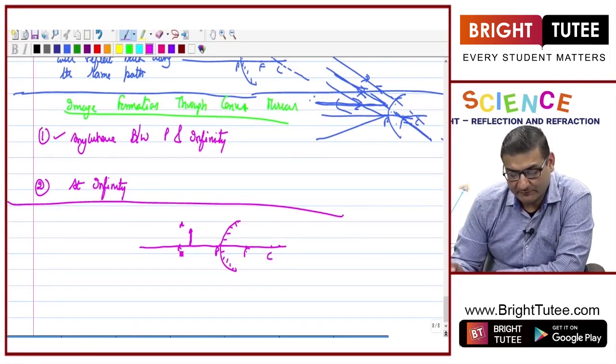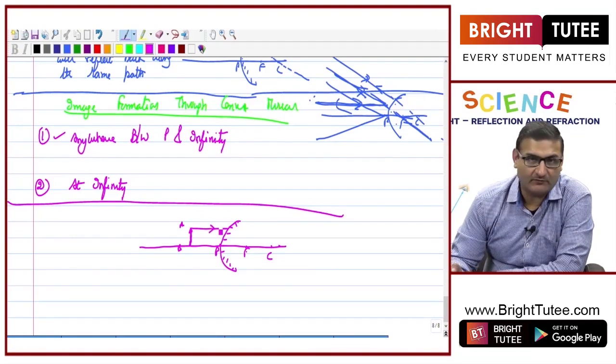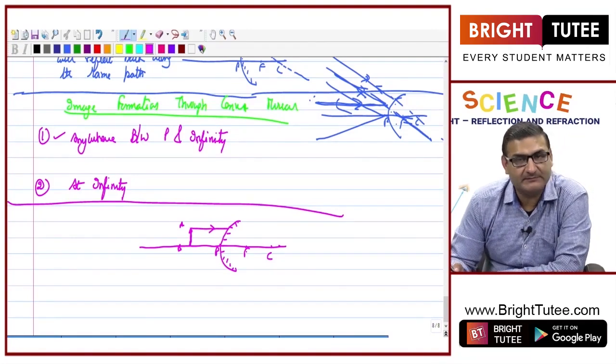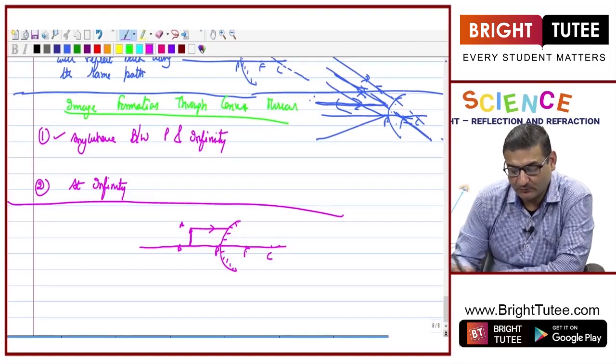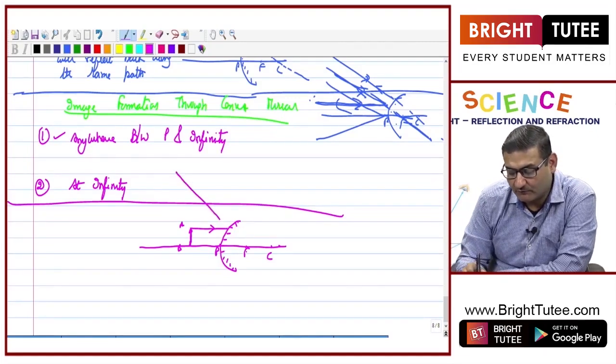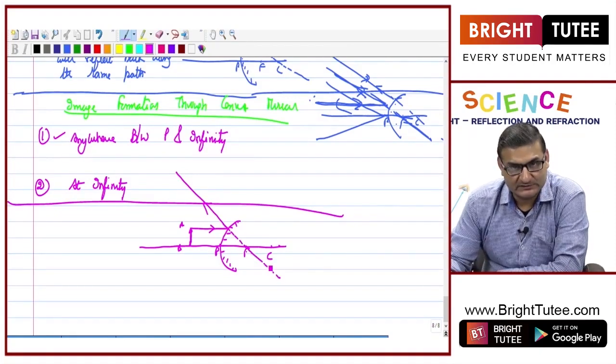Now for image formation, we will be looking at the rules. Only two rules or two ray rules are required. First, we will take that a ray of light is going from this object which is parallel to the principal axis. As per the rule, it will pass from the focus. This should be the arrow and this is the dotted line. Correct?